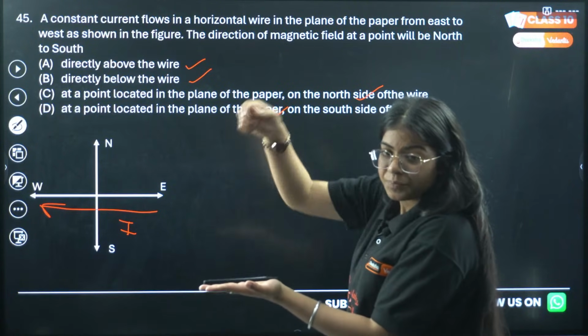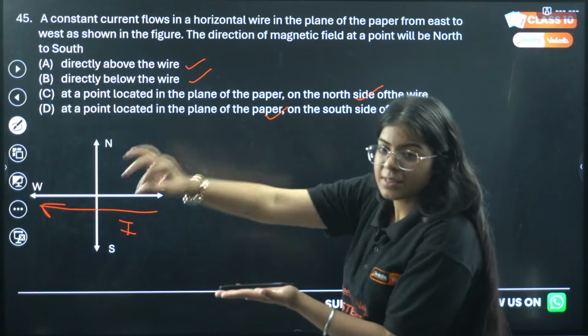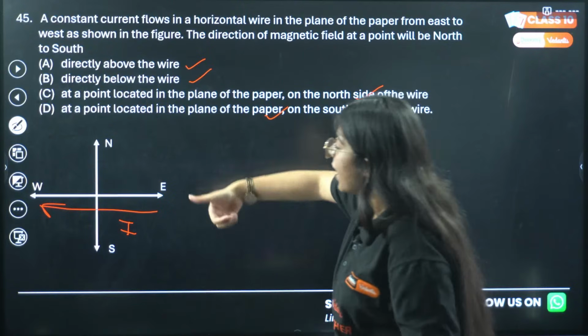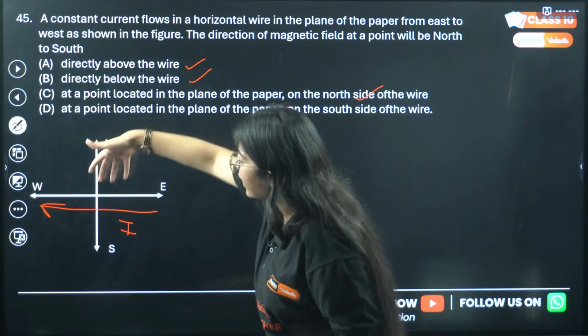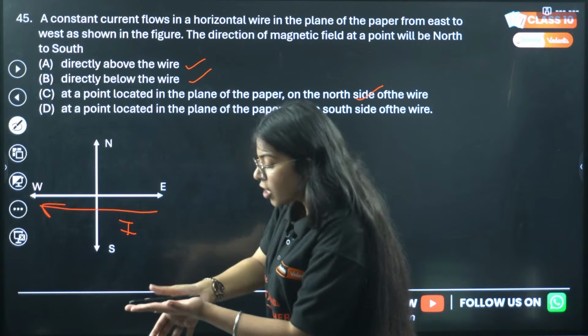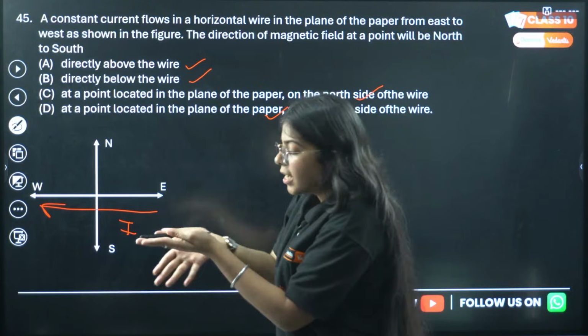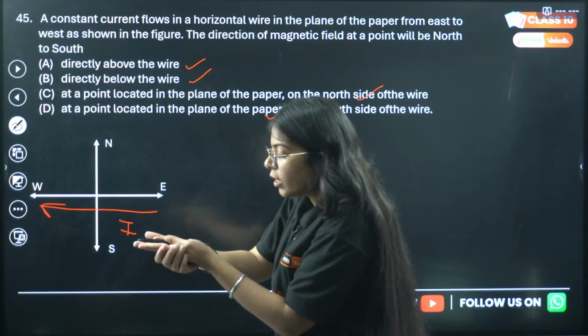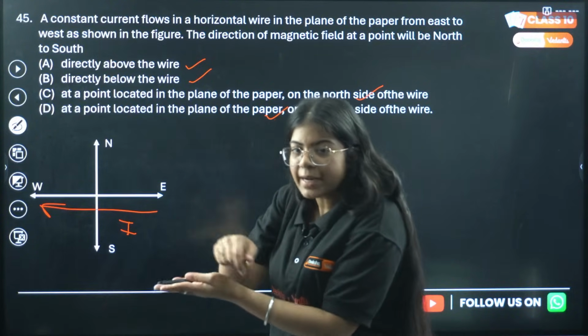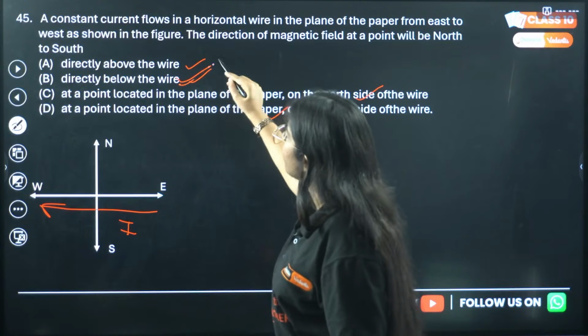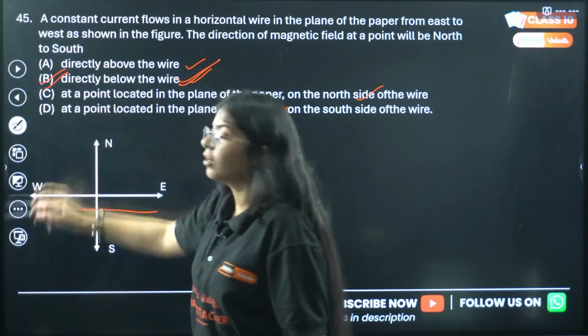This is north, this is south, this is east, this is west. It's going like this. If I place my hand like this and I go like this, then just under the wire here, this is the wire east to west, just under the wire it's going from north to south, correct? So the answer will be B, directly below the wire.